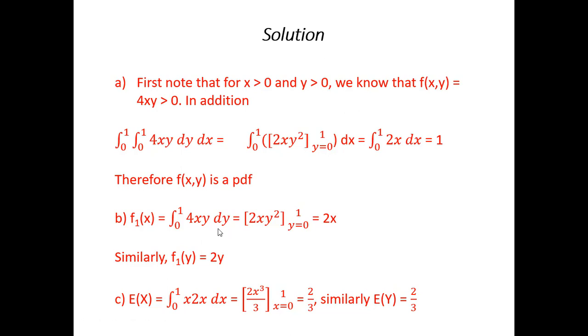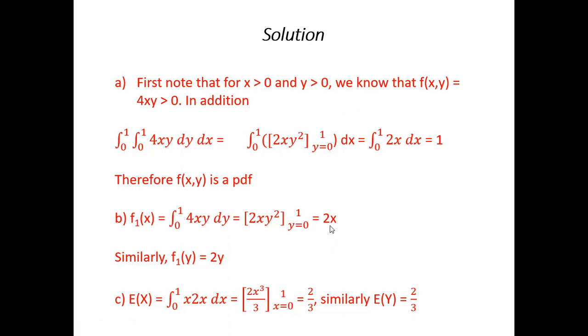Similar to what we saw before, this is 4xy squared over 2. The 2 in the denominator cancels out, so we're left with 2xy squared, evaluating y equals 0 to 1, and it's easy to see that this simplifies to 2x.